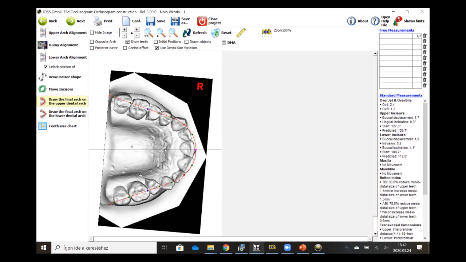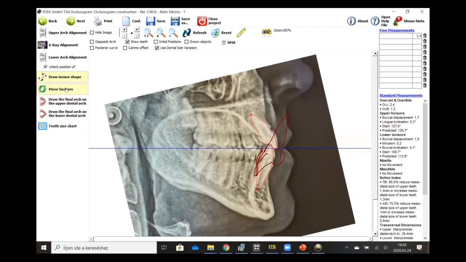But I wanted to say something. When you do a DMA, it's important that in a case like this you do the evaluation both on the lateral cephalometric and on the occlusal. I actually have control, so I can go here. You are planning a translation in this direction, which is perfect.